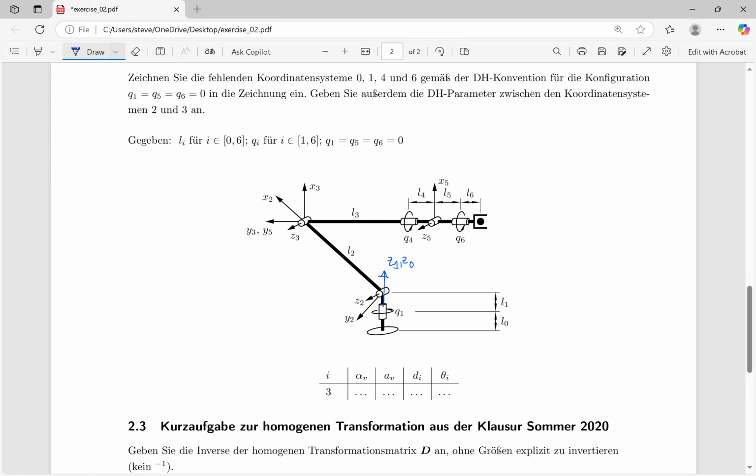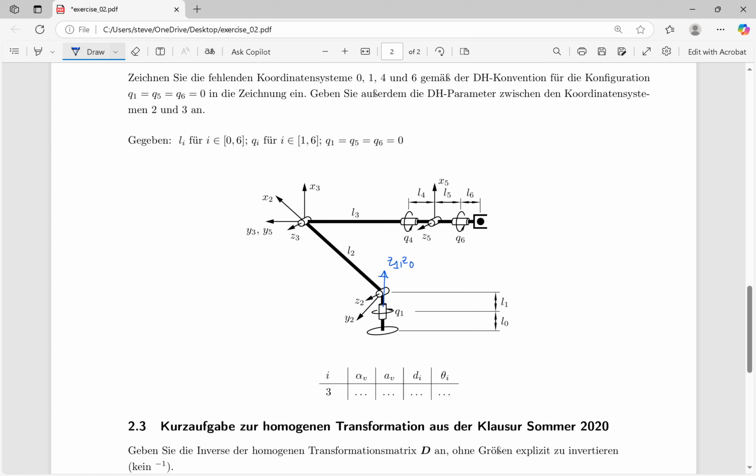Now, the axis x1 has to be chosen such that it is perpendicular to the z-axis, of course, but also such that it aligns with the other axis as much as possible.